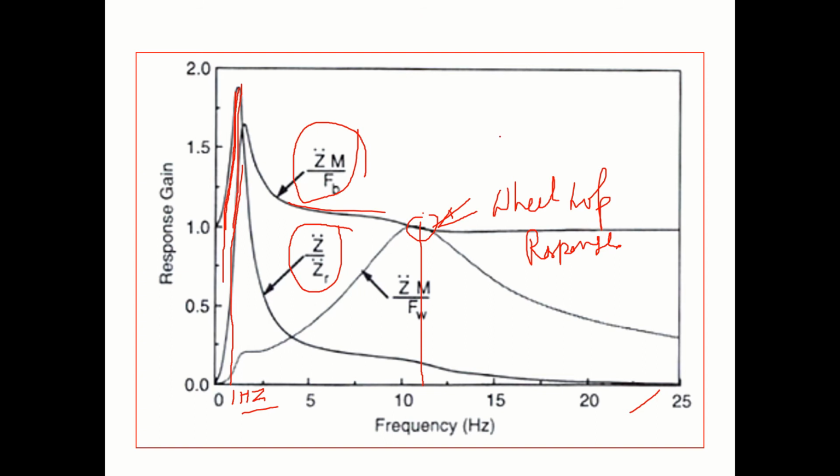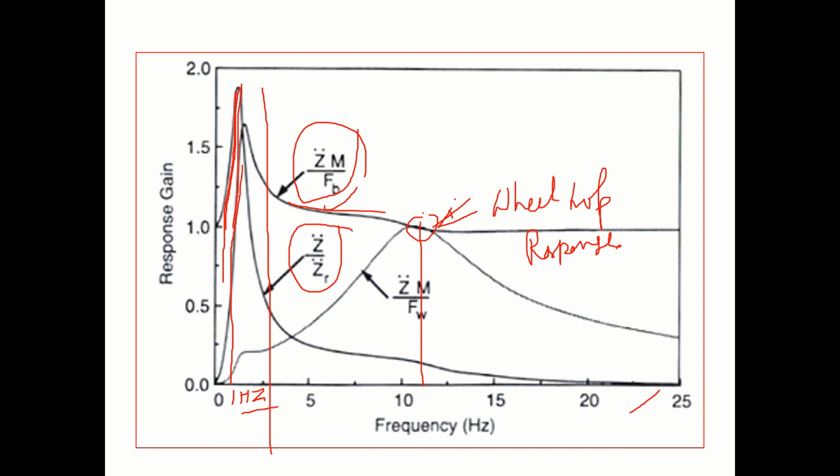So normally, if you fix this as 1 Hertz, the natural frequency of the system, you can very clearly see that at higher frequencies the response gain is low. That is, the acceleration output is low, and the force that is acting on the occupant will be low.